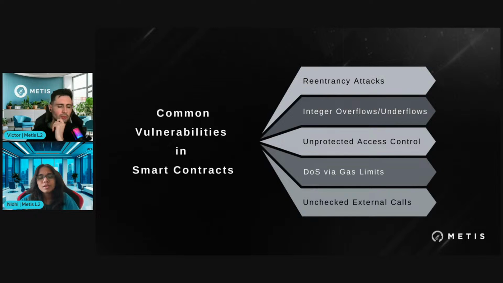Another issue is unprotected access control. If you do not secure who can call certain functions in the smart contract, you are leaving a door wide open for anyone to take control of your contract's critical functionality. There can be multiple functions that cannot be called by the public. Some of them should be internal, some external, some private as well. And even if a function is public, not all users should be able to call it.